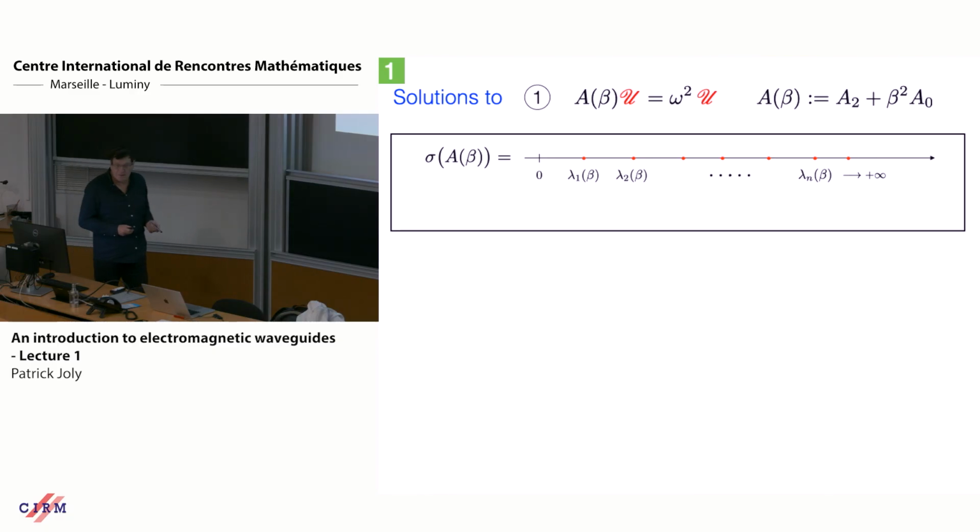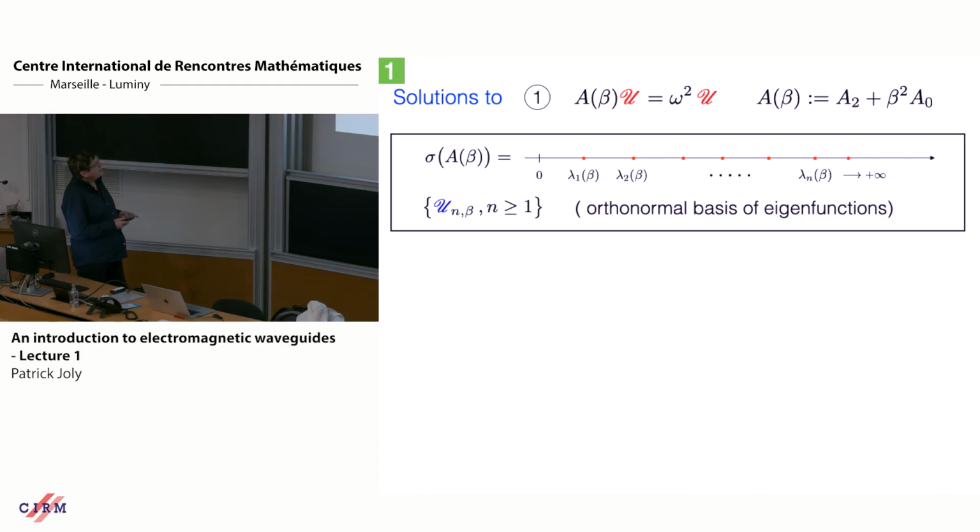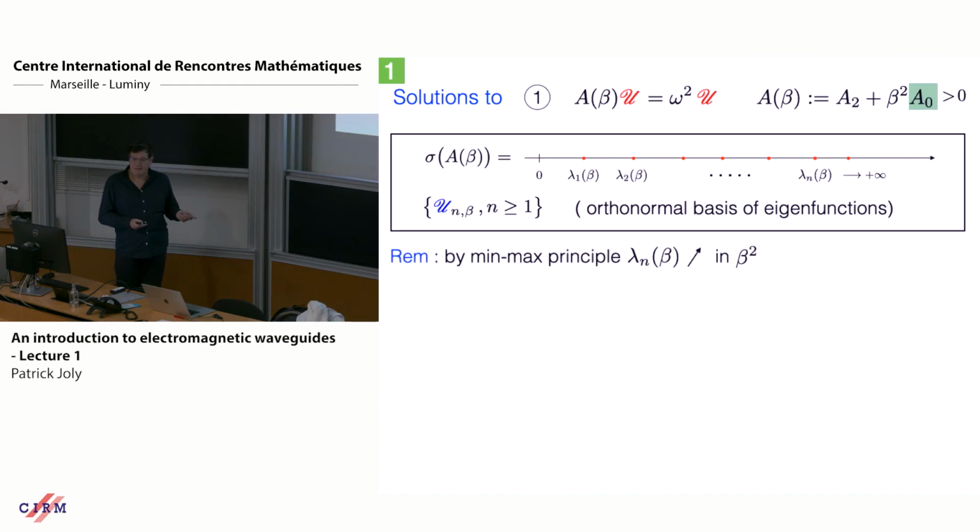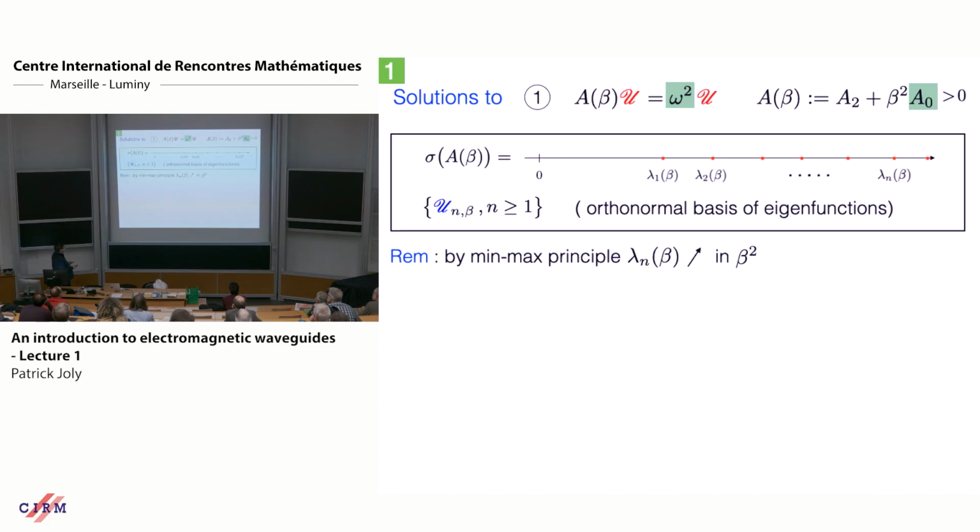It is a sequence of positive eigenvalues that goes to infinity, because you are in the compact resolvent case, and a corresponding sequence of eigenfunctions which form an orthogonal basis. Once you have that, because the operator A0 is positive, by the min-max principle it is clear that the lambda n of beta are increasing functions with respect to beta square, which means that when you increase beta square, the spectrum moves like that, more or less.